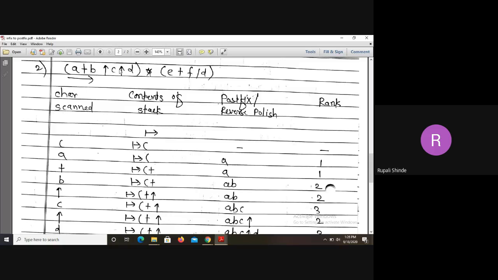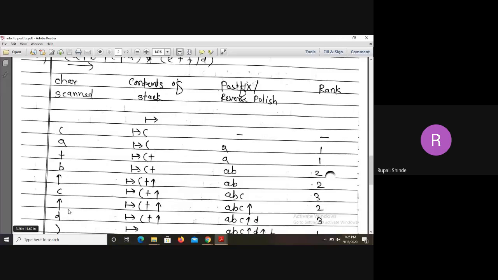Now the next character to be scanned is exponential. Our stack currently contains plus and exponential, and the next operator to be pushed is again exponential. It is not possible to place exponential over exponential.